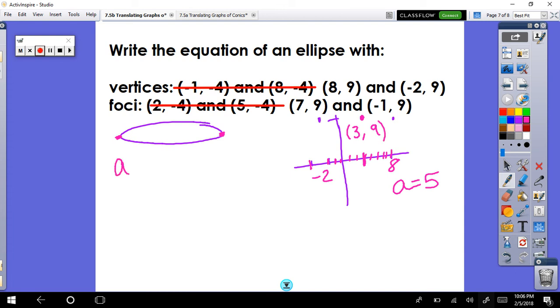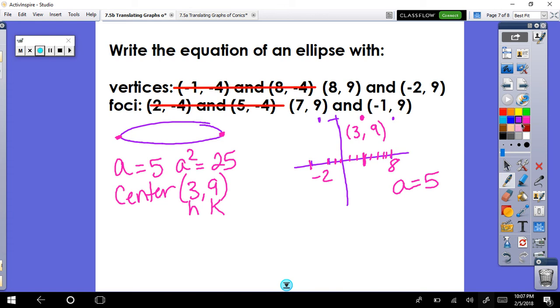So I have my A equals 3, or I'm sorry, A equals 5. I have A squared equals 25. I know my center. Process of elimination is 3, 9. That's going to be my HK in my equation.